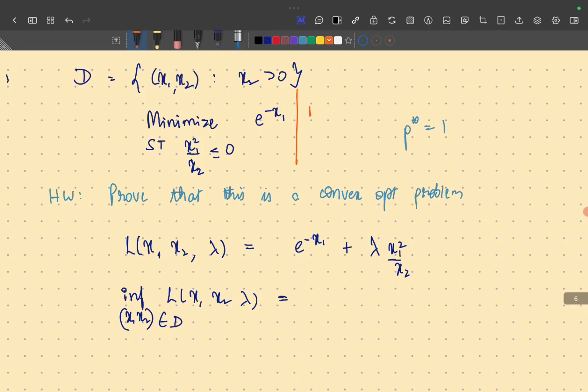So the problem is of the form minimize f of x such that f1 of x is less than or equal to 0, where f and f1 are both convex.